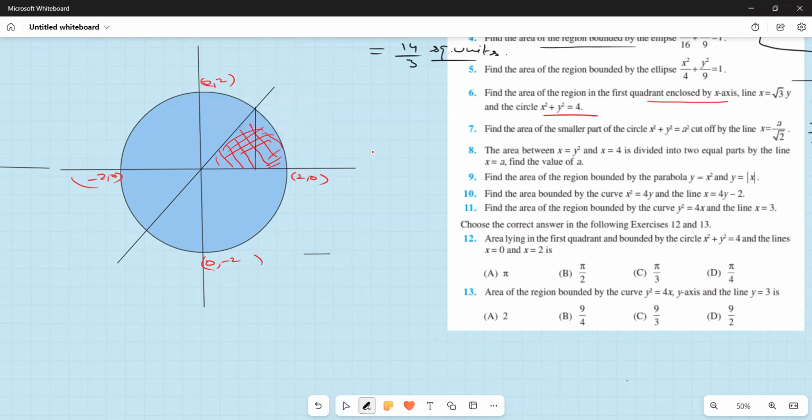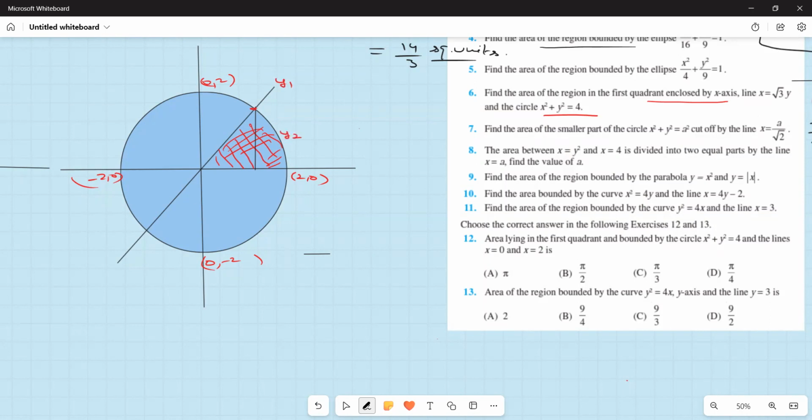If you see, from this point this is under the line, and from this point this is under the curve, right? So these are two areas, one for the line and second for the curve. We are naming this line y1 and this curve y2.